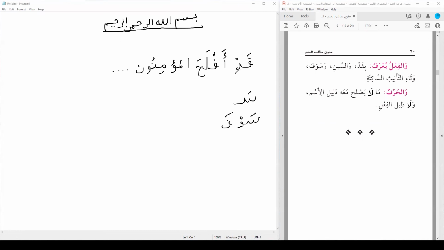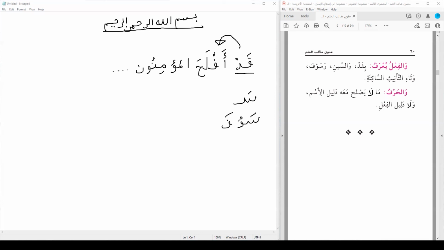So this word qad, because it entered upon the word after it and was used to emphasize it, is a sign that the word after it is a fi'l, a verb, because it can only be used for verbs. So whenever we find it affecting a word, that word has to be considered a verb. So aflaha is a verb.